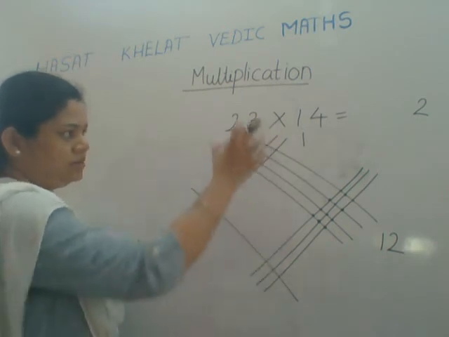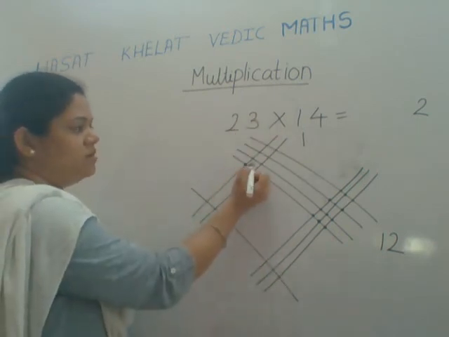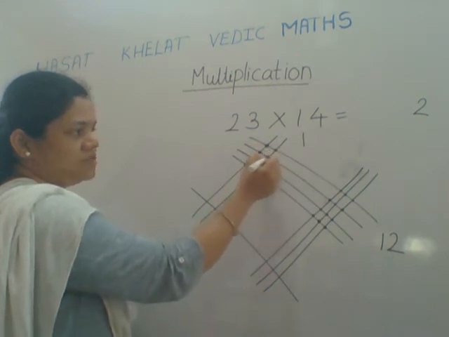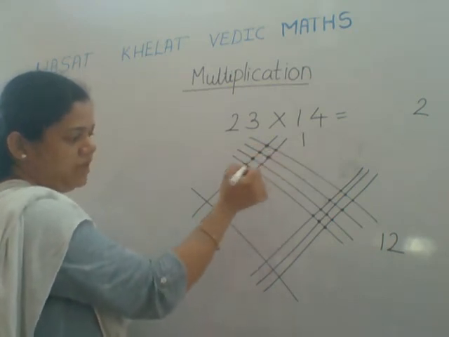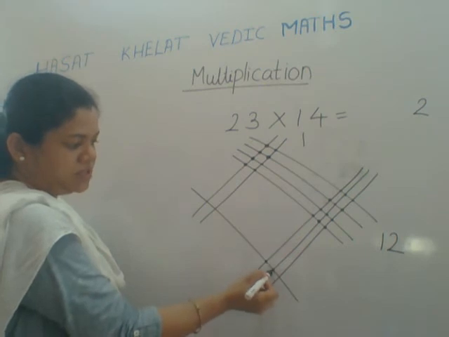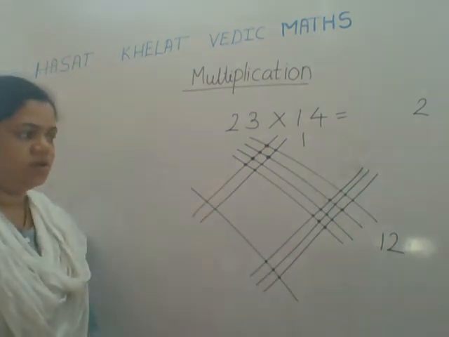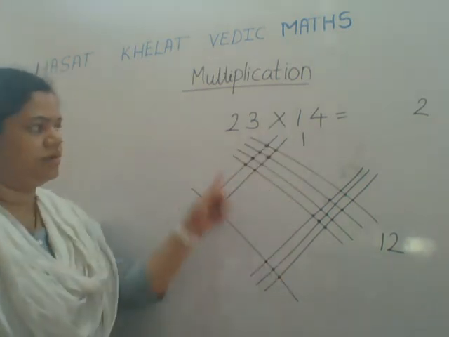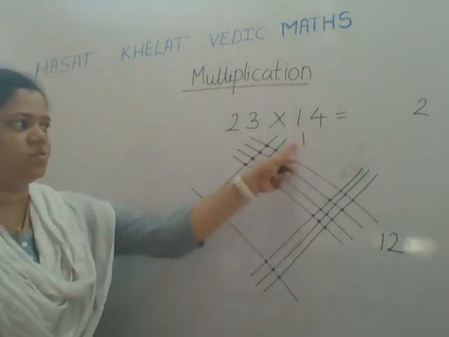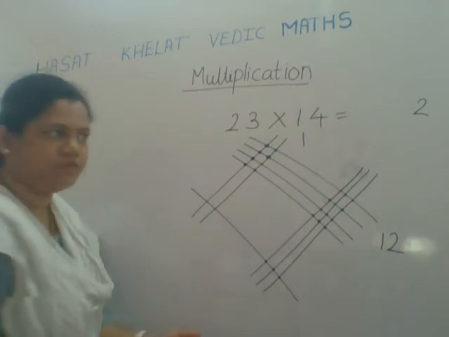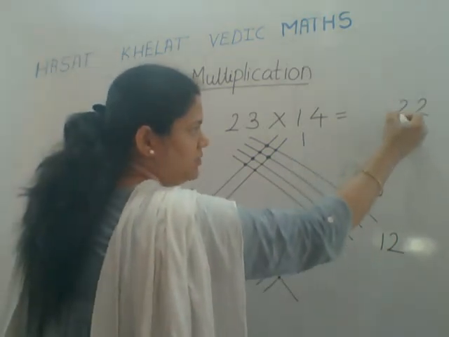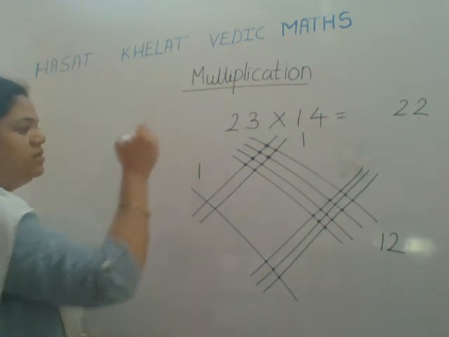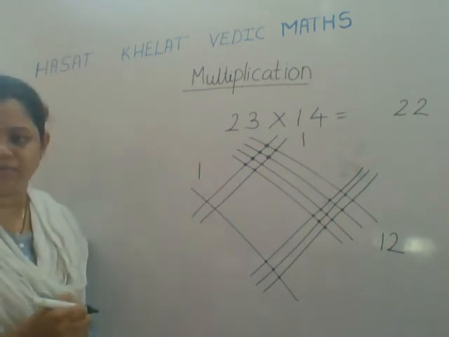Now the middle part. How many intersection points? 1, 2, 3 and 4, 5, 6, 7, 8, 9, 10, 11. Total intersection points in the middle section are 11 and plus this 1 makes it 12. Again 2 I will be writing in the tens place, 1 I will be taking for carry.